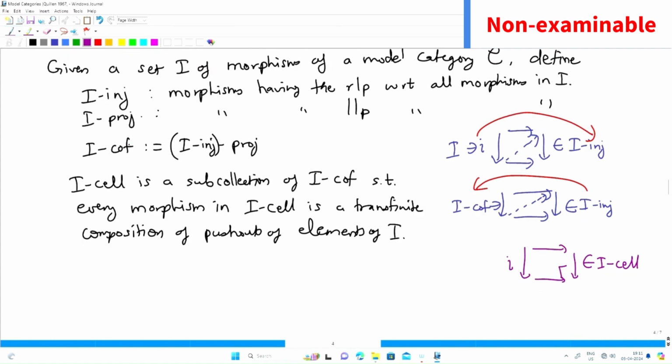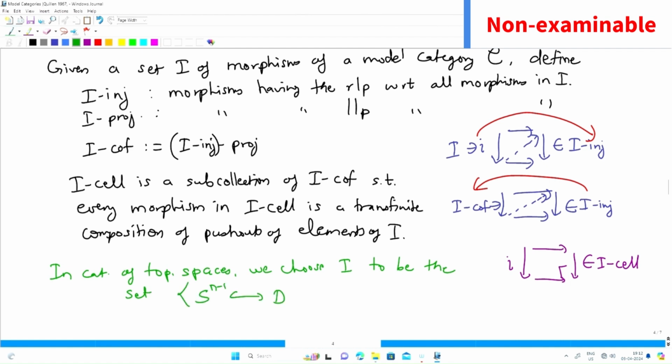So in the category of topological spaces, this you have to know. We choose I to be the set of the inclusions of S^(n-1) into the disk D^n, where n is in the natural numbers.